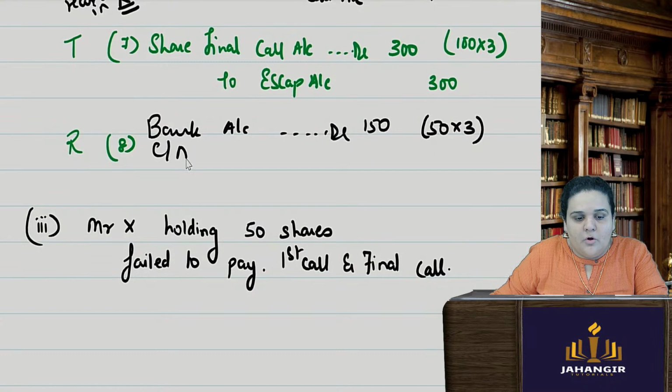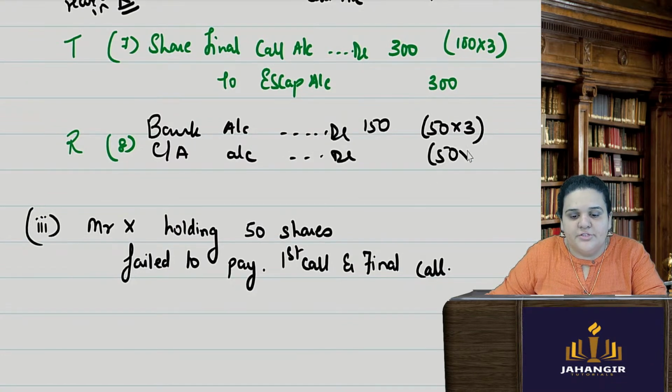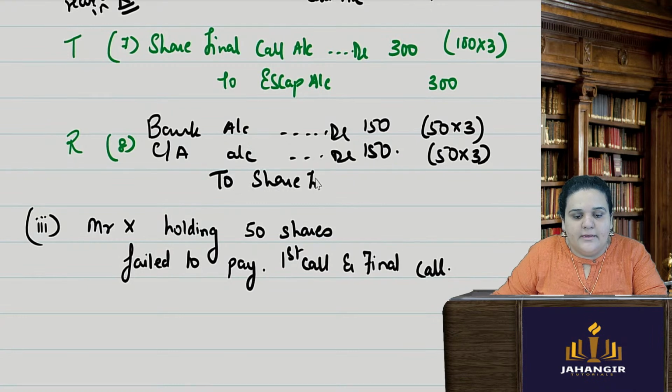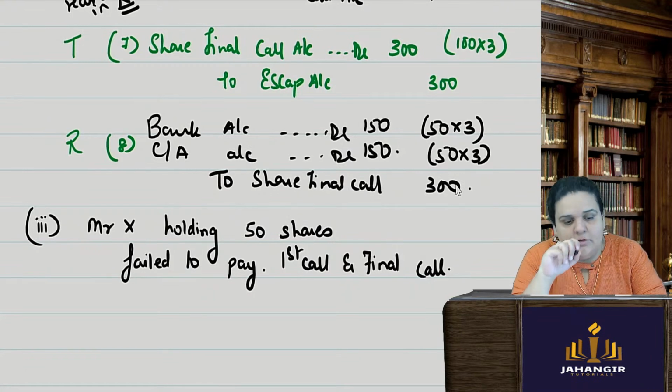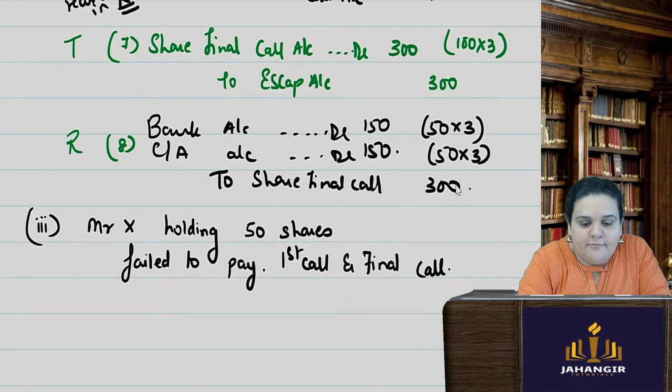Why? Because there was a calls in arrears. Mr. X did not pay me. He is having 50 shares. He did not pay me my 150 rupees to share final call 300.